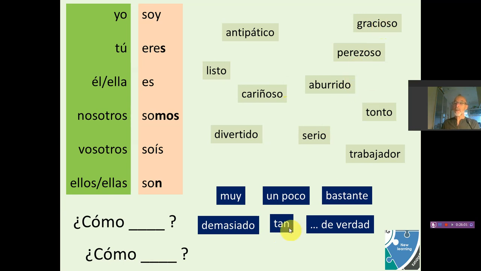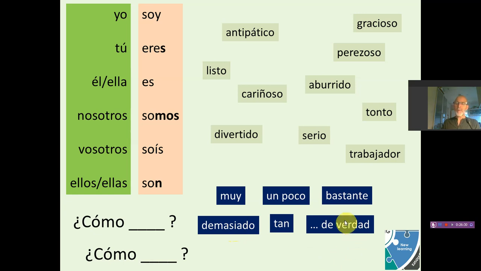Tan, meaning so, but you have to be really careful with this, because it's tan, so in the sense of so boring, so clever, so hard-working. It doesn't mean so in all the other ways that we use so in English. It's strictly for when you're using it in front of an adjective to mean so serious, so stupid, so hard-working, so funny, and so on.